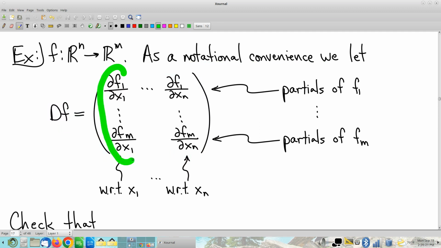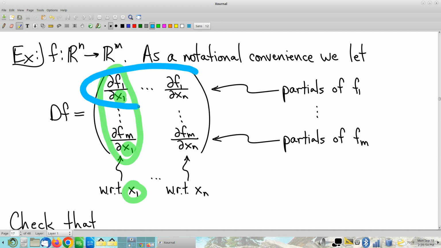I'll point out that all of the first column are partials with respect to x1. So I think it's reasonable to refer to this first column as the x1 column, because taking partials with respect to x1 is the common shared characteristic of all those elements. Likewise, the second column you call the x2 column, etc. On the other hand, notice the first row does not have partials all with respect to a single variable.